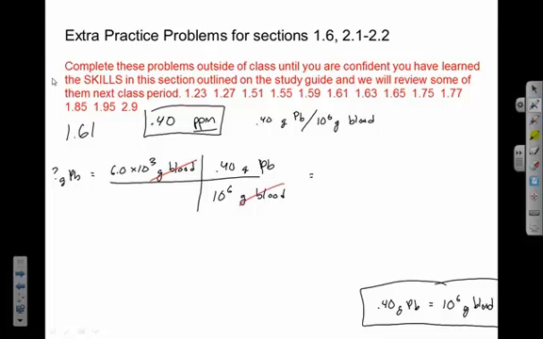The key here, though, is the setup. Recognizing what the question is, what unit they are looking for, what given information we have, and what relationships we have to convert the given information into the unit we're looking for. Once it's set up, then it's just a matter of plugging in.